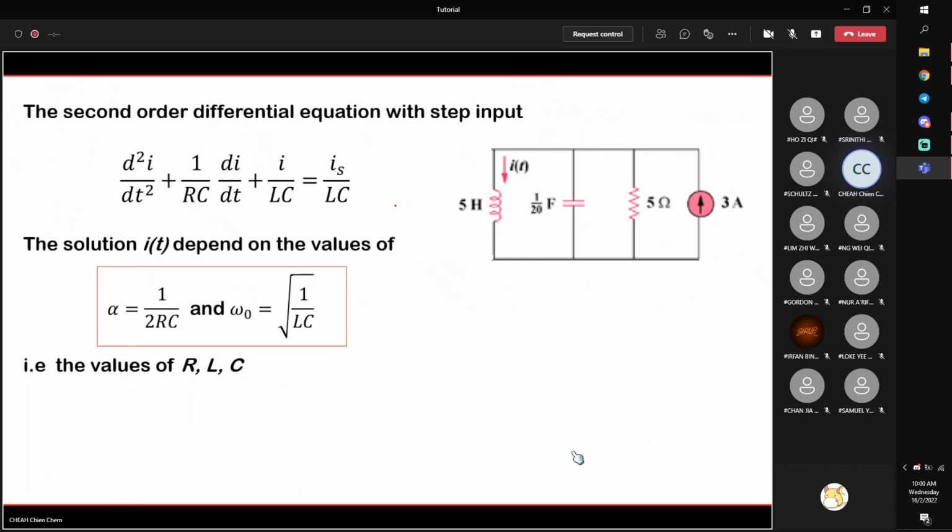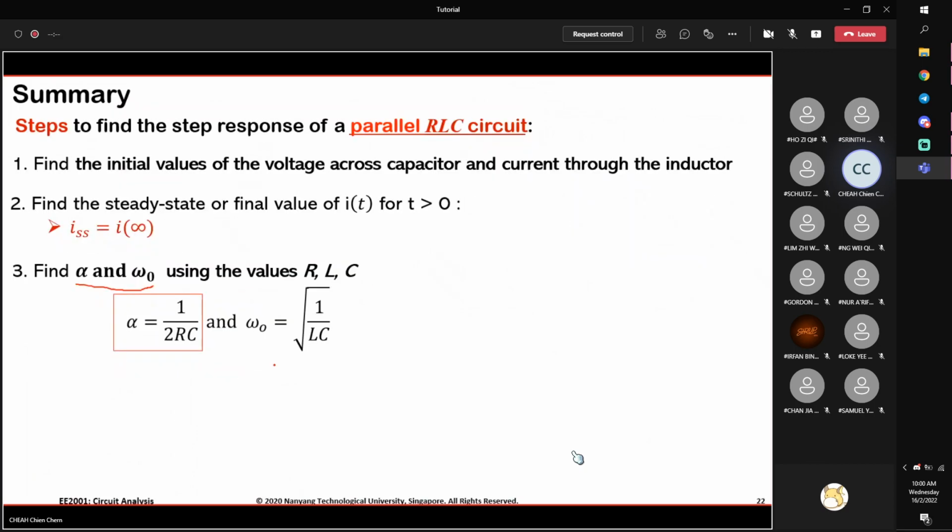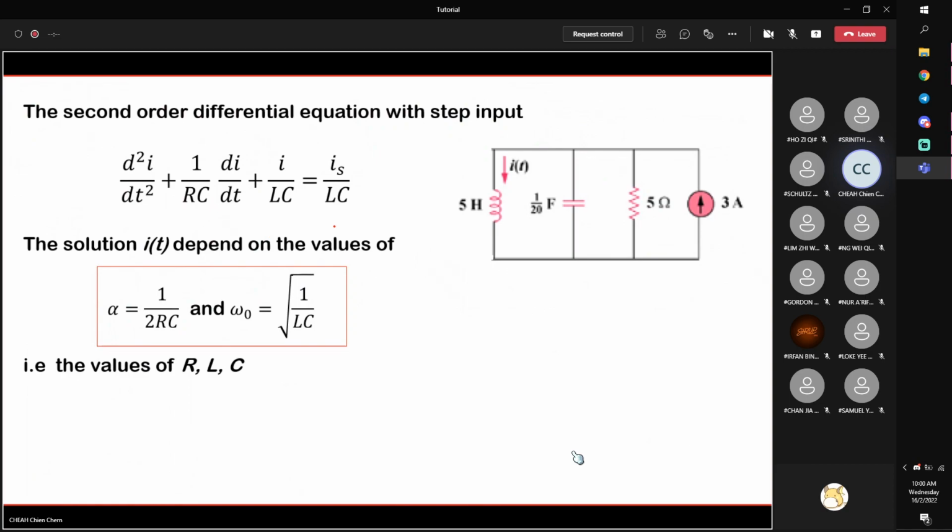But if you forgot these equations, what you need to do is to try to derive the differential equation, right? Then this will be 2 alpha, this will be omega 0 square. From there, you can get these 2 equations. So as I said, you remember this, but if you cannot remember, then go back to basic Kirchhoff current law, derive the differential equation, then write down this as 2 alpha, write down this as omega 0 square.